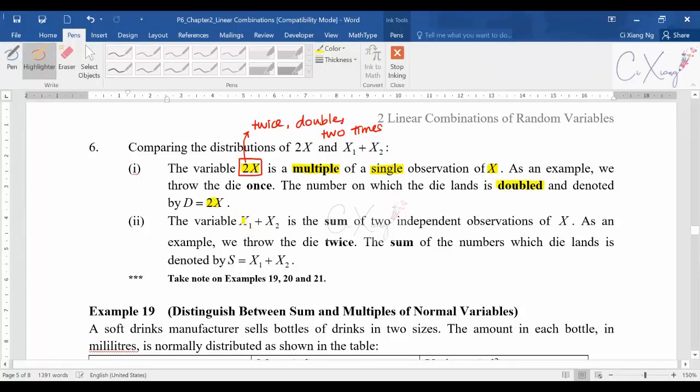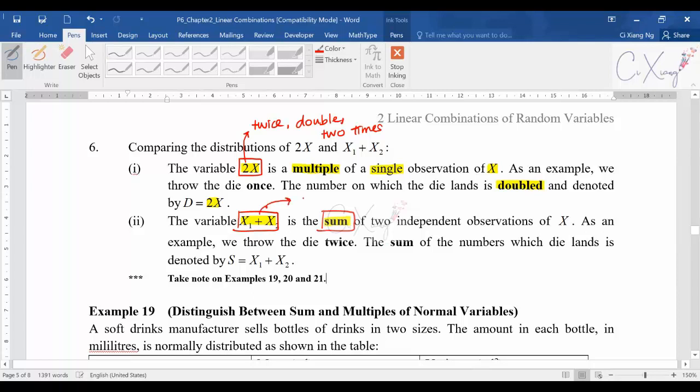So when are we going to use x1 plus x2? For x1 plus x2, generally they are talking about the sum of two independent observations of x. That means you throw the die 2 times, twice, and we want to know the total of the numbers which the die lands on, denoted by x1 plus x2.